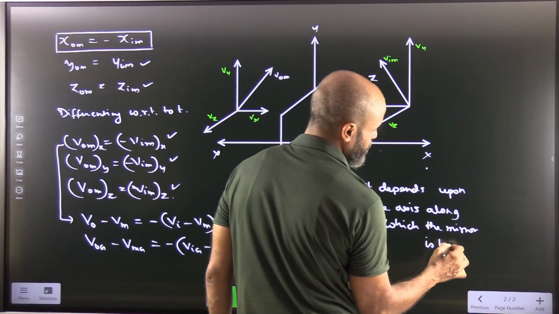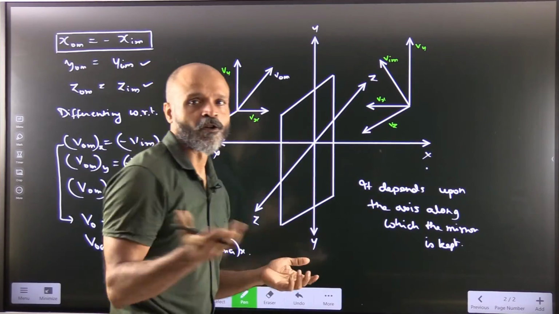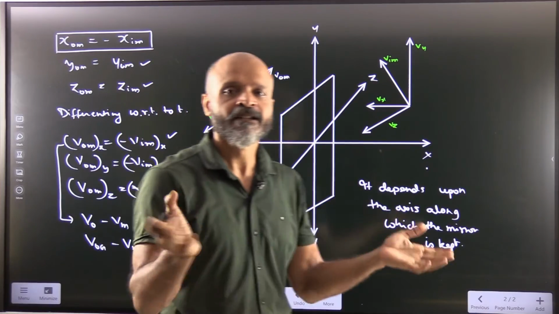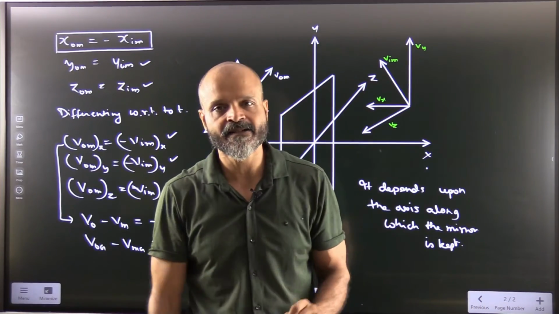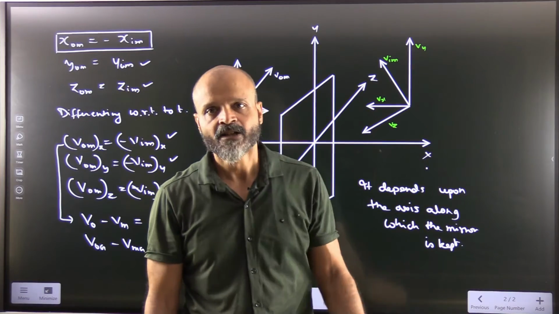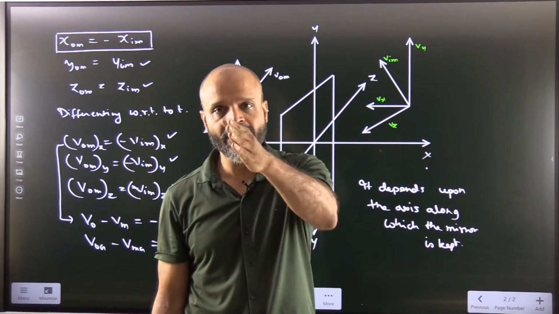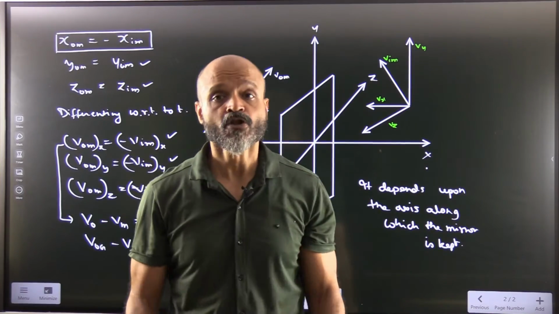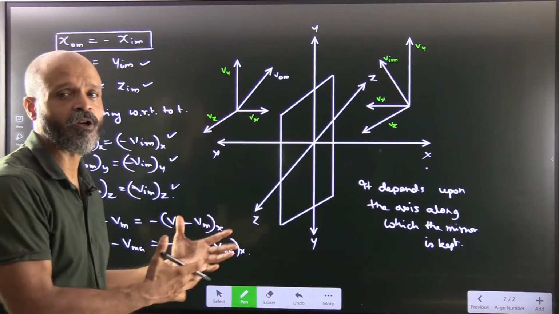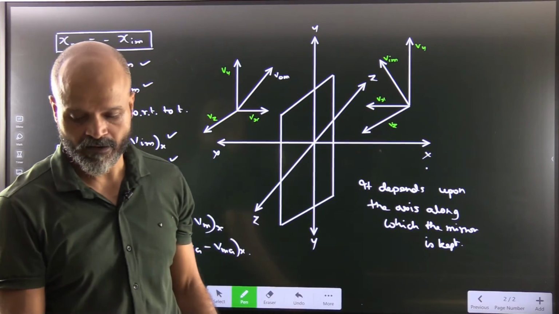So an advisable thing would be, if the mirror is kept somewhere here, tilted, neither in the x nor in the y nor in the z, then the advisable thing would be to take that axis as the x-axis or the y-axis or the z-axis. So we can take that axis as the x-axis, perpendicular to that will be the y-axis, and another perpendicular component will be the z-axis. So we have to decide how to take the velocity depending upon which axis the mirror is kept along. Okay.